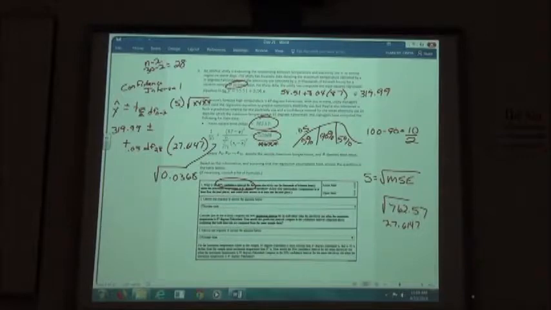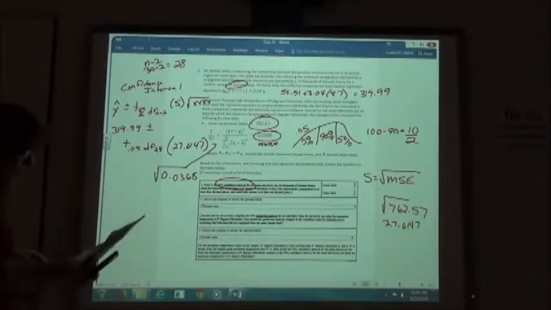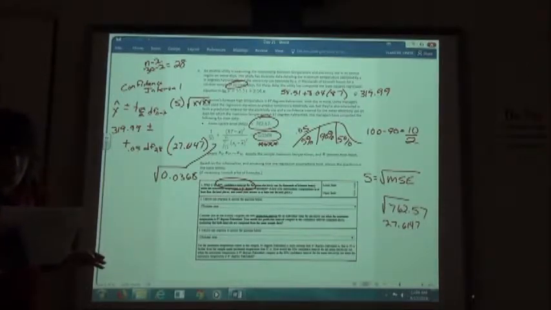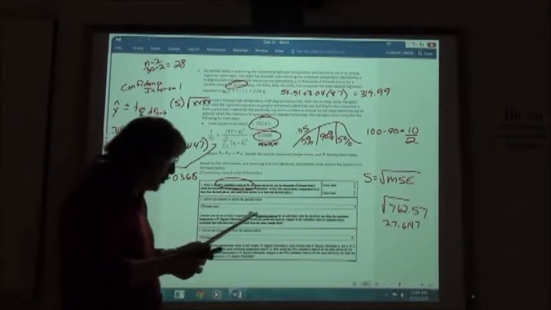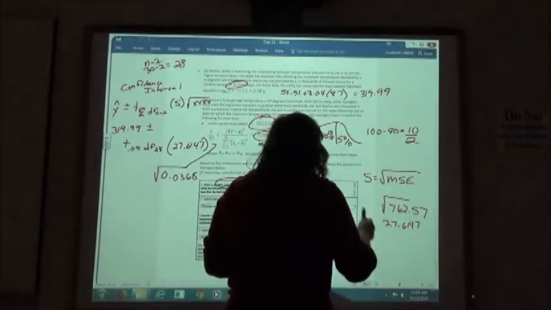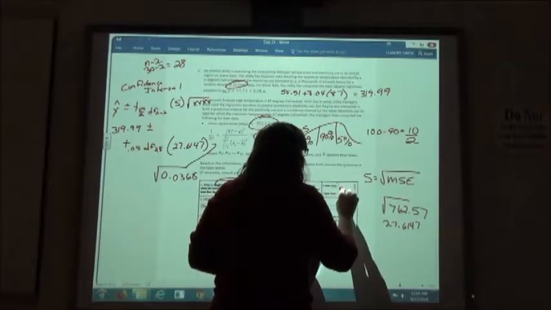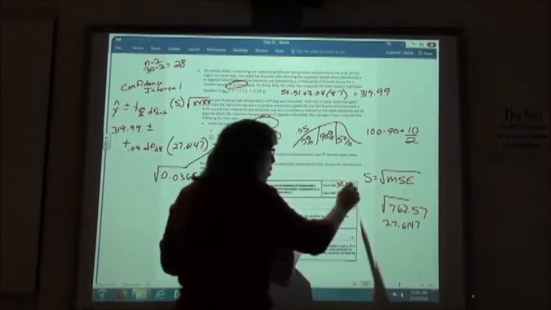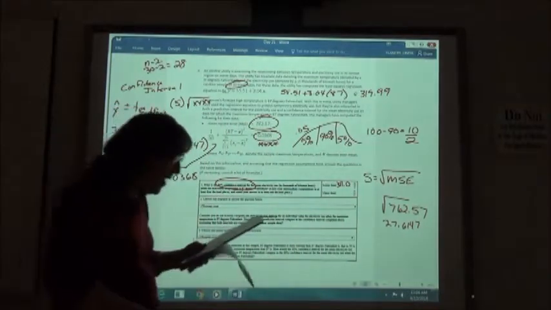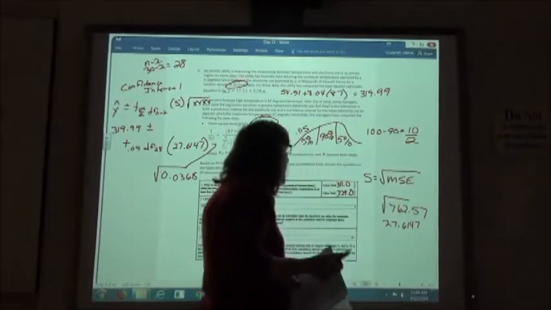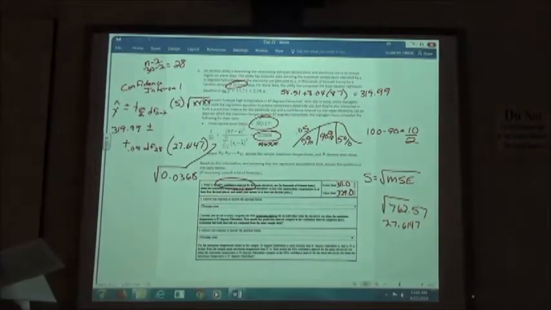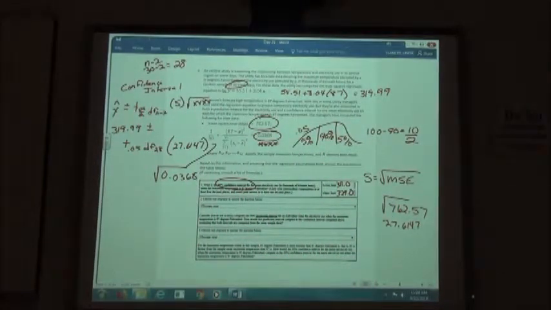Now again, depending on rounding, you may get a slightly different number, but it should be pretty close. When I round off to 1 decimal place, you should be getting 311.0, or at least something very close to that, and 329.0. Again, it does give you some leeway because of rounding.